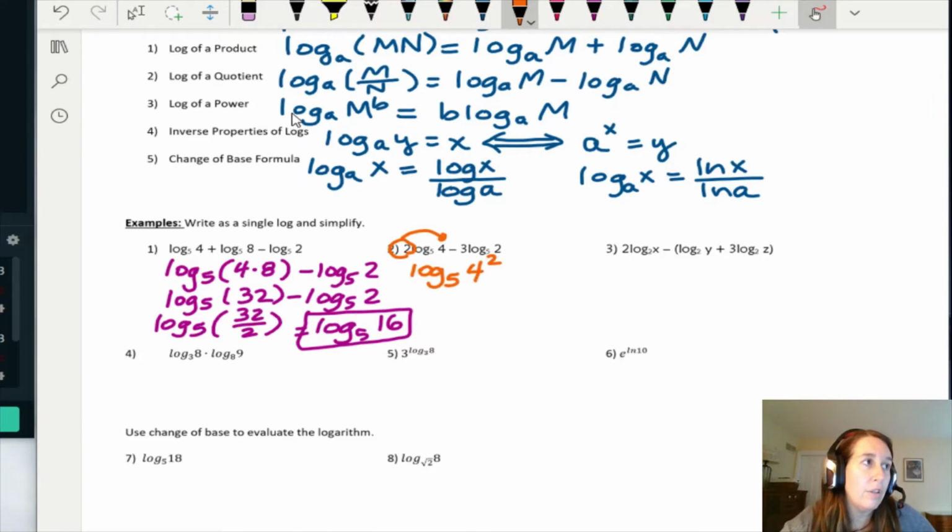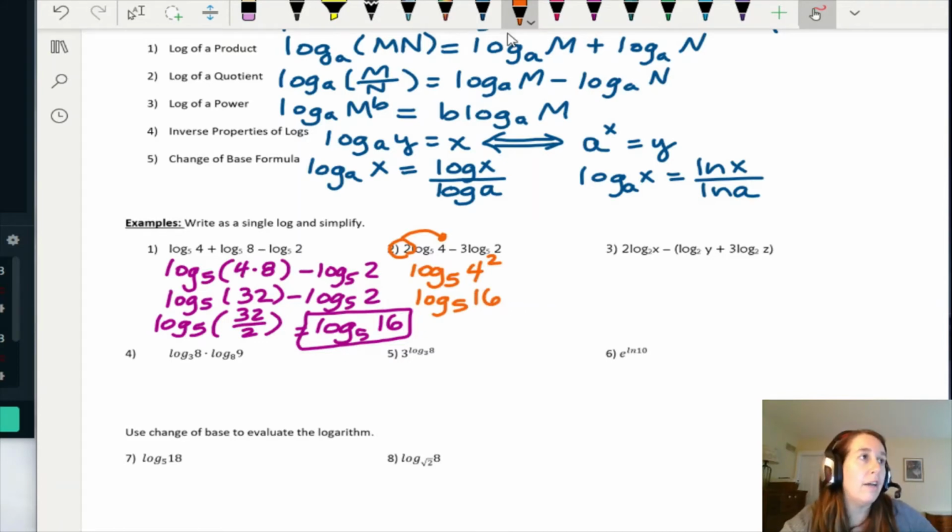We had log base a of m raised to the b power is the same as b times log base a of m. So we're going in the direction from right to left on that power. All right, so that is equal to log base 5 of 4 squared, which is 16.